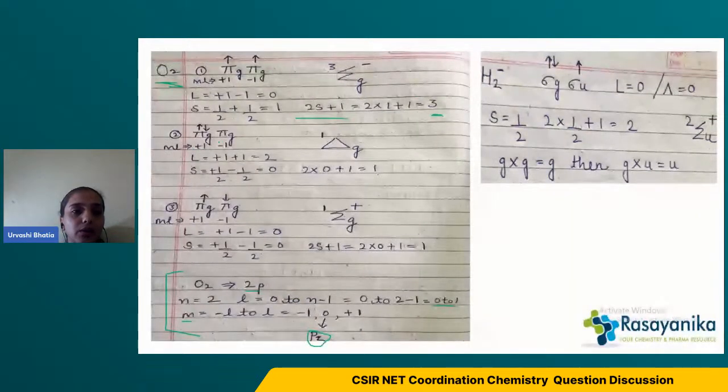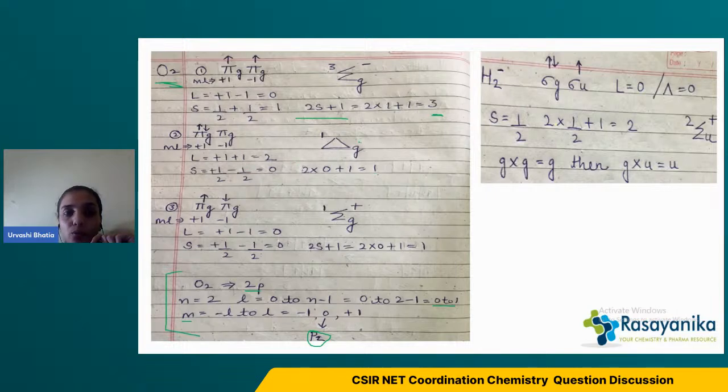Now on the second one, you can see pi g, if both the electrons are filled over here together, then Ml will be plus 1, plus 1. Both the electrons will have 1, 1. So the orbital angular momentum will be plus 1 plus 1 equal to 2. And S will be plus half minus half equal to 0 because both are present in the same orbital. 2 into 0 plus 1 will be 1.